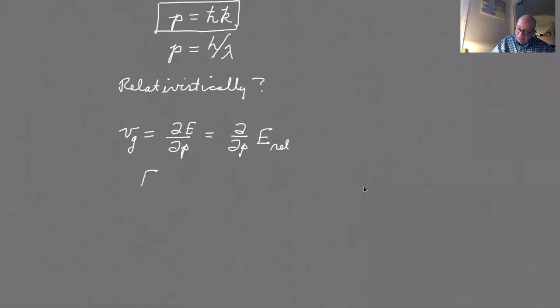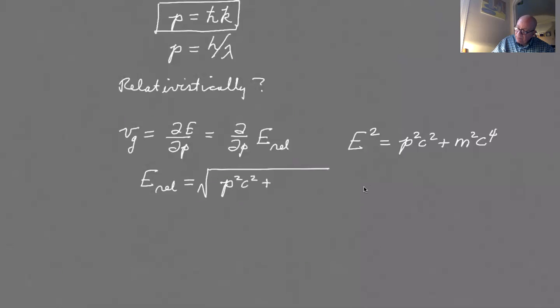We know that E squared is equal to p squared c squared plus m squared c to the fourth. And so the relativistic energy is the square root of p squared c squared plus m squared c to the fourth.